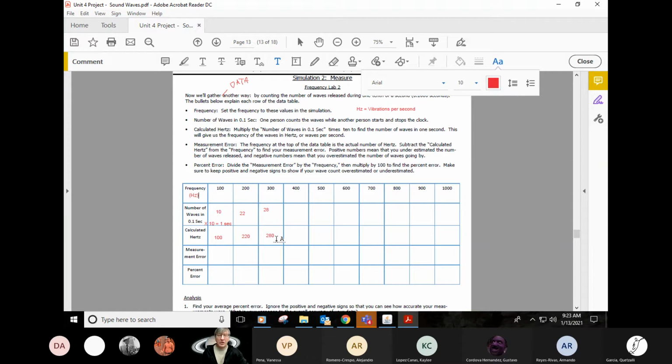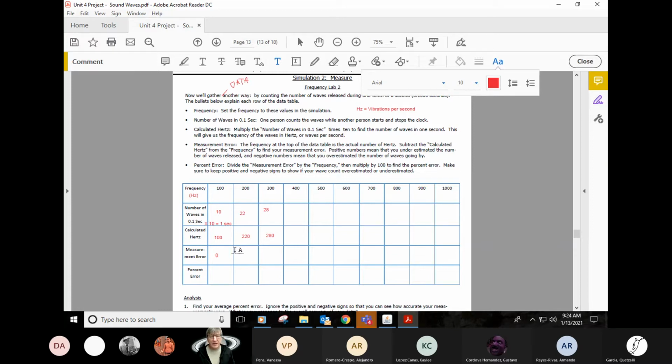Well, it's pretty simple. You just subtract. So I'm going to go 100 minus 100 equals 0. That was perfect. Let's see, what are we going to do? Subtract your calculated from the frequency.